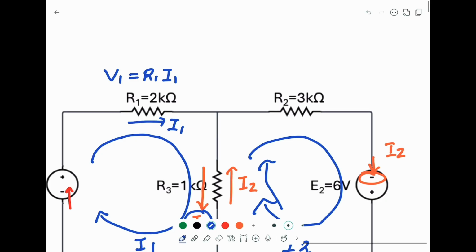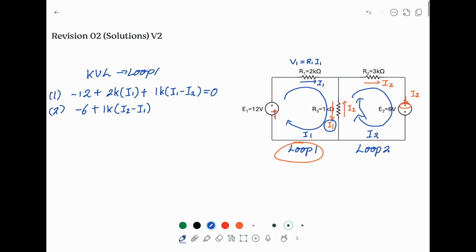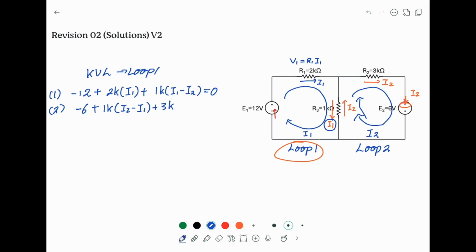For this part, it's easy. I2 passing through R2. So the overall voltage drop is 3K ohm times I2. We write it down here. 3K I2. This is our equation 2.